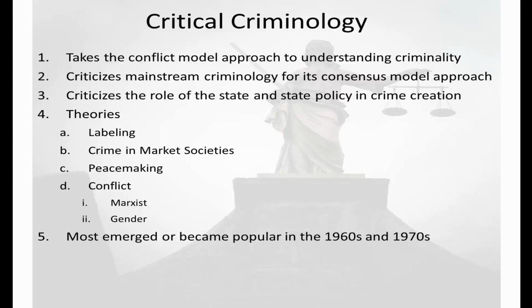There are four main theories that fall within critical criminology: labeling theory, crime and market societies, peacemaking criminology, and conflict criminology. Under conflict criminology, we have two other paradigms: Marxist criminology and gender theories.